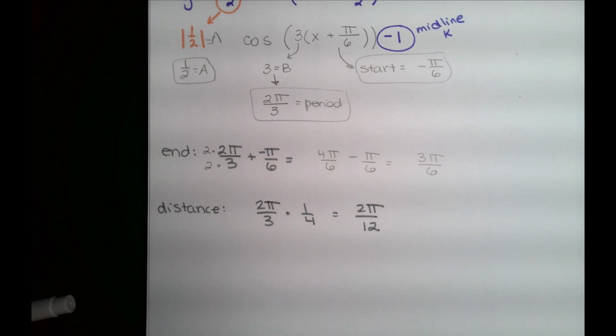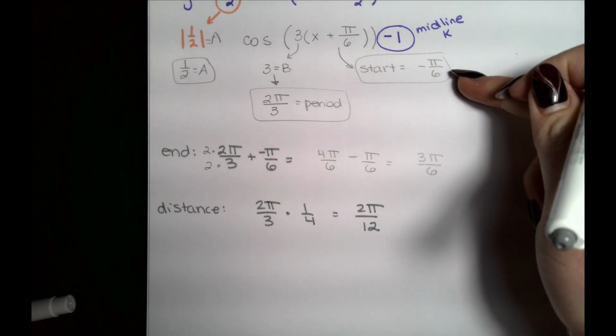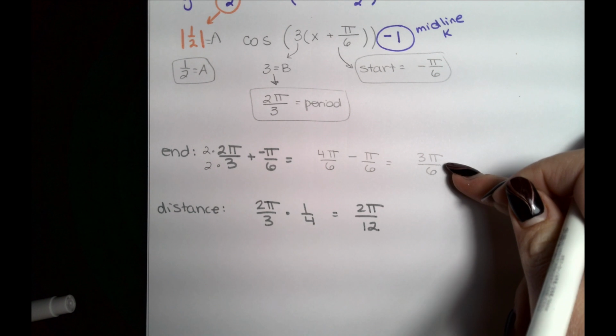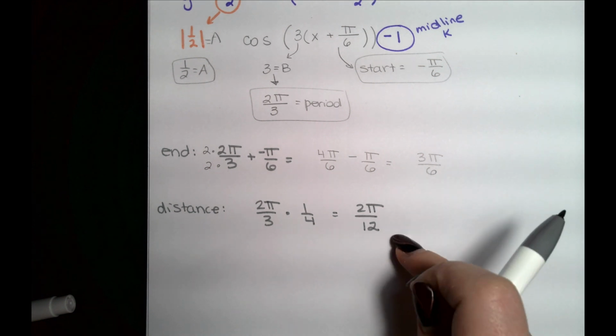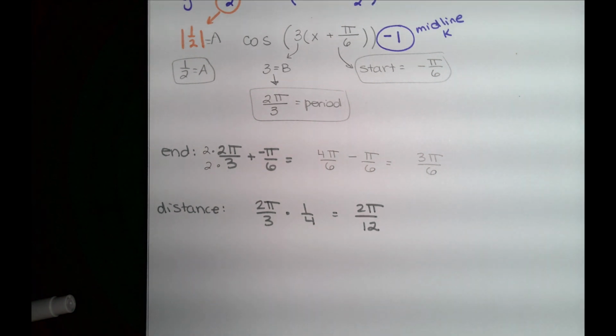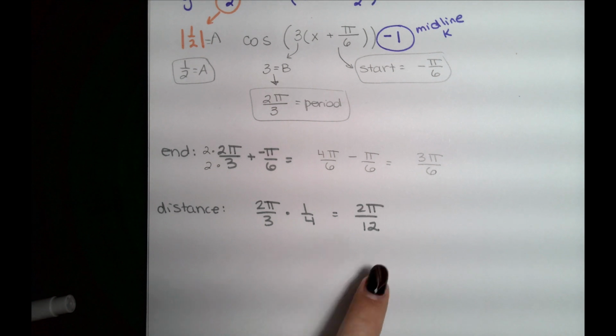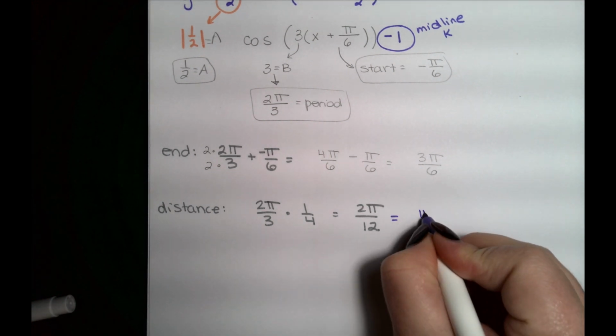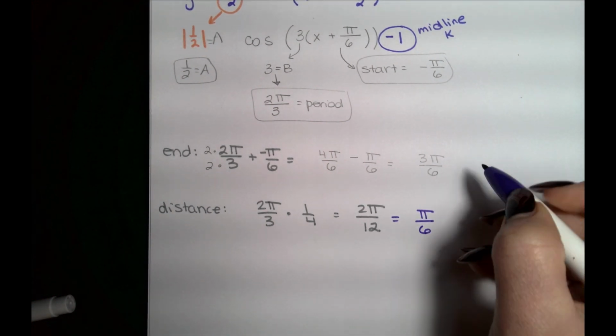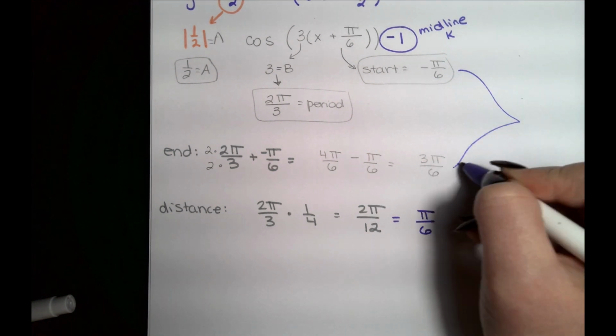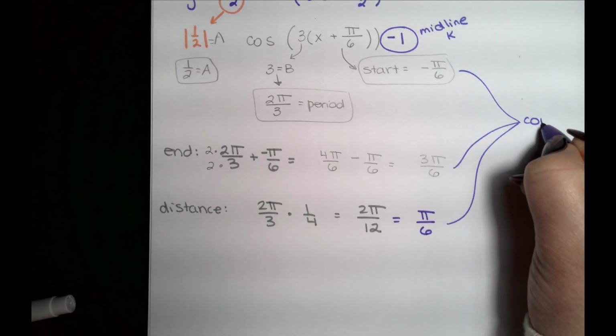And if you notice, I have a start here at -pi6. 3 pi 6, I could have simplified, I didn't. And here I have a 2 pi twelfths. I'm going to simplify this one because if I simplify this to pi 6, these 3 values are common denominators now.